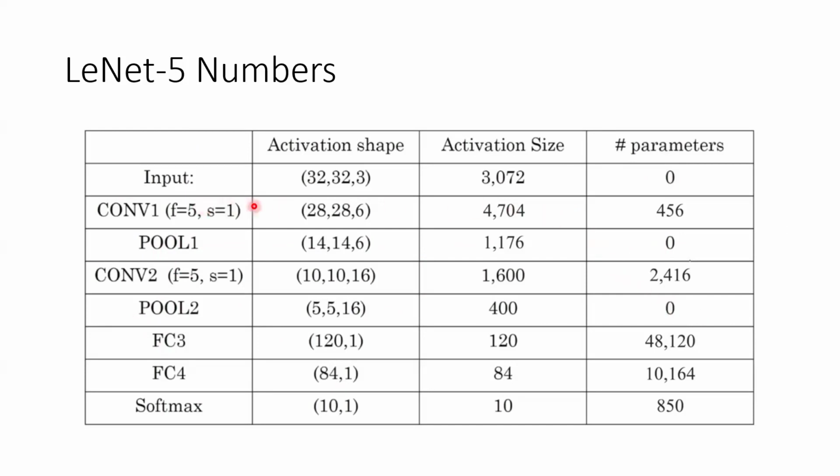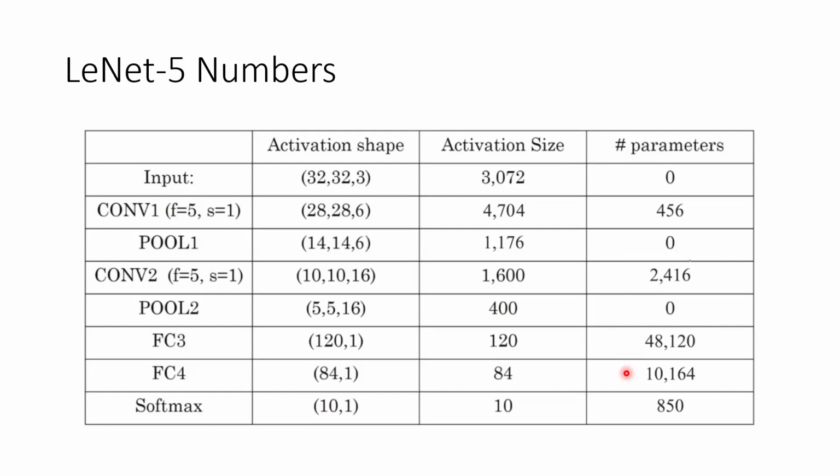We only have weights and biases to be trained in the convolutional layers and the fully connected layers. You can see the convolutional layers have only a few parameters: 456 in convolution 1, 2,416 in convolution 2. But the fully connected layers have 48,000 and 10,000 parameters.